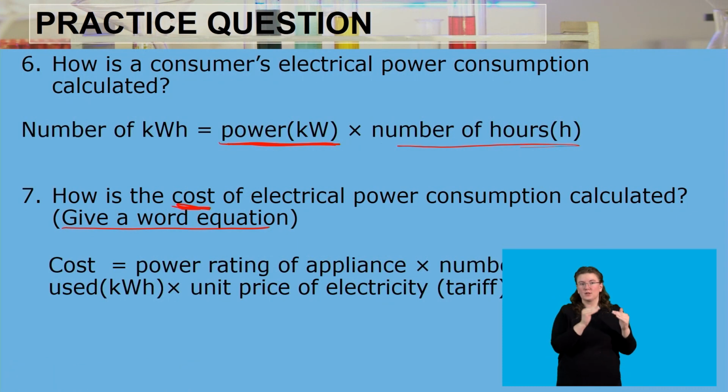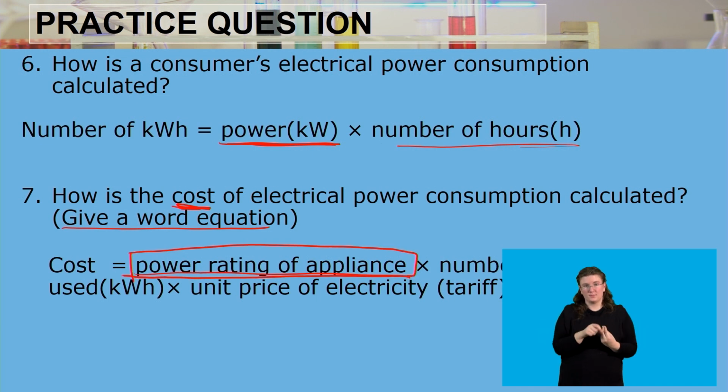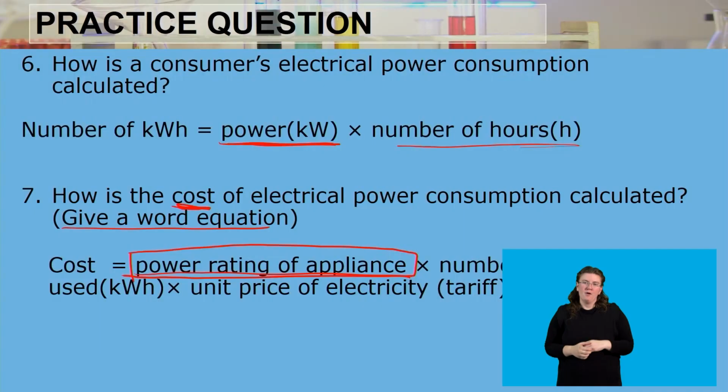So the cost of electrical power consumption is calculated by saying cost is equal to the power rating of the appliance. Remember that the power rating of the appliance can be read from the back of any appliance, which is going to tell you how much energy that appliance uses per second, and that is then multiplied by the number of hours in which that appliance was in use.